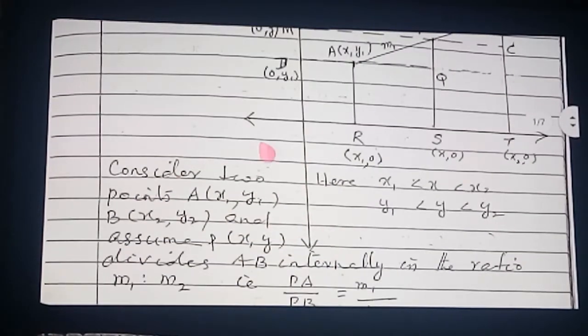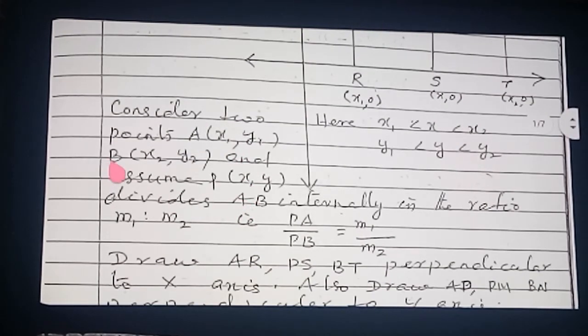Here, the points I explained, I have written down on the side. So here you can very clearly understand x1 is less than x less than x2, y1 is less than y less than y2. Clear? Consider two points A(x1, y1) and B(x2, y2), and assume point P(x, y) divides AB internally in the ratio m1 is to m2.